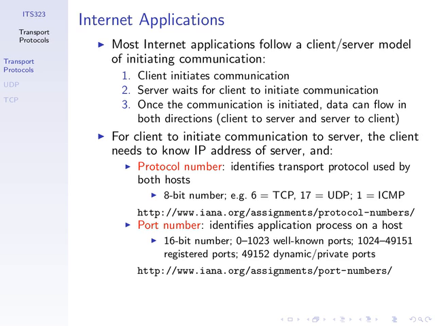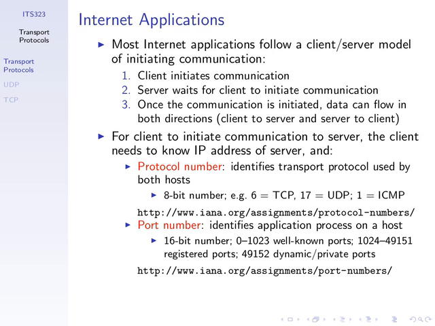And in addition to the transport protocol, we need to know what application process on this destination computer we want to contact. That is, my web browser needs to send something to an application on another computer. The other computer is identified by its IP address. The application on that other computer is identified by the port number.